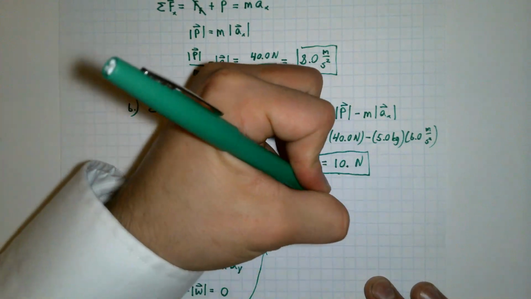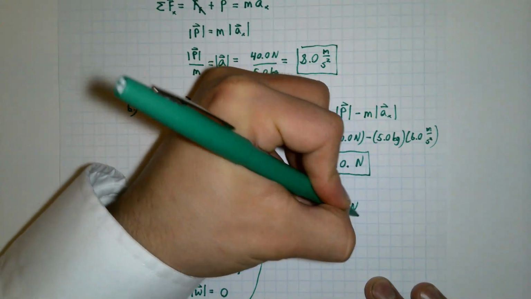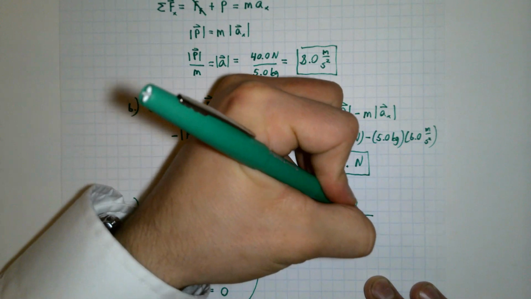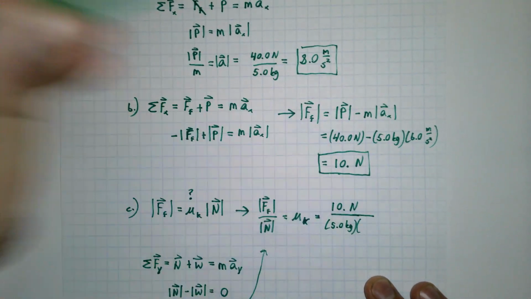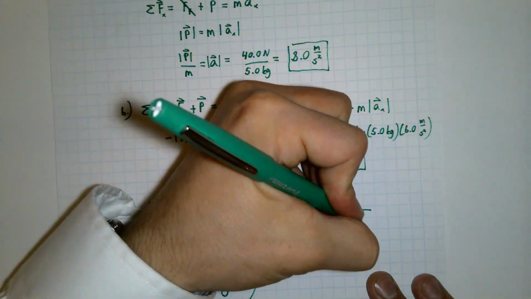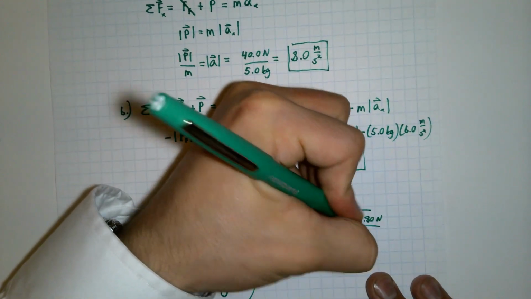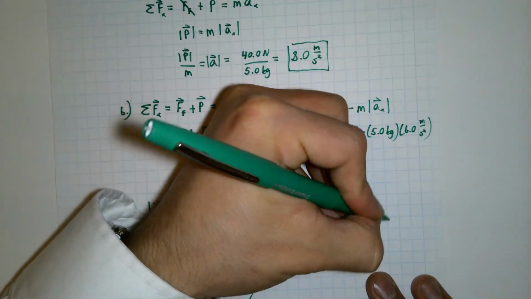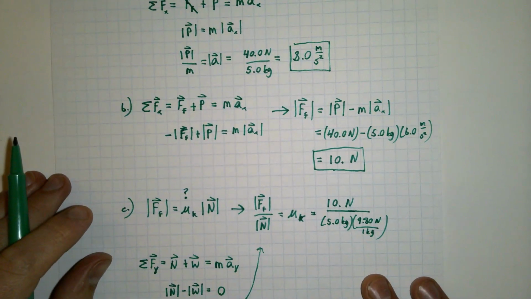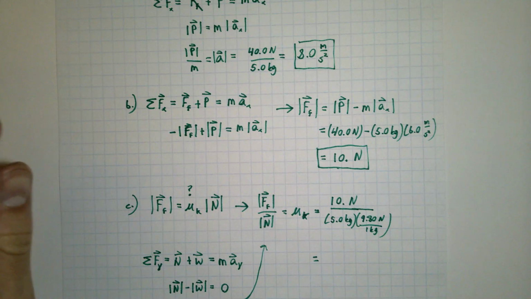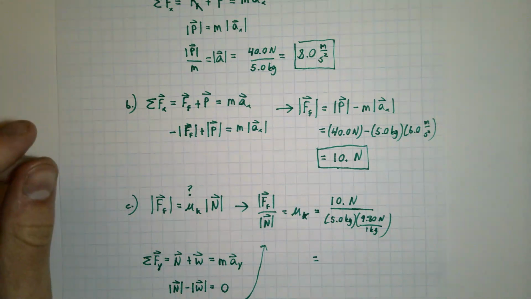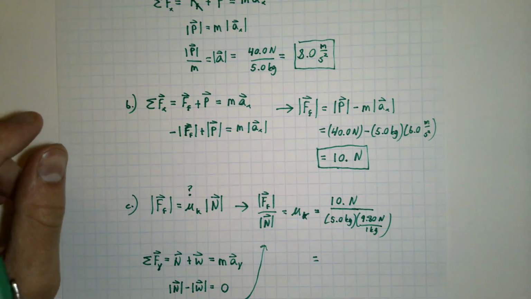My frictional force is 10 newtons, divided by my mass of 5.0 kilograms times the gravitational field I'm in, 9.80 newtons per kilogram. I find that my coefficient of kinetic friction is 0.20.